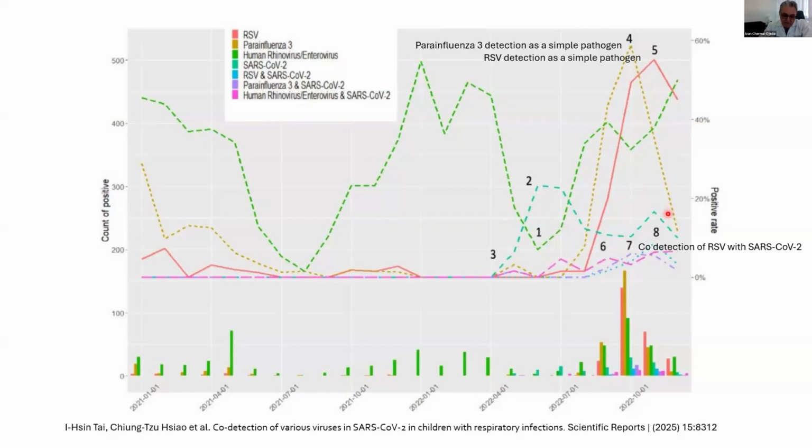For instance, the co-detection of parainfluenza and SARS-CoV-2, as well as rhinovirus and RSV, may play a more important role in the era of Omicron than previous variants regarding clinical manifestation. We are receiving patients with different symptoms than in the previous pandemic.